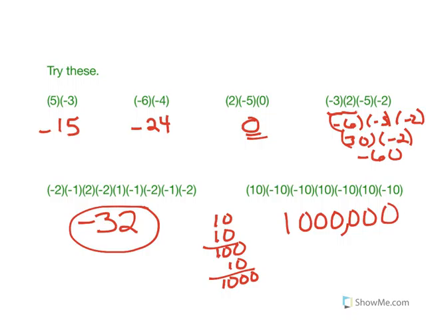I can't count today. Let me put another 0. 1, 2, 3, 4, 5, 6, 7 zeros. And let's see, how many negative numbers do we have? 1, 2, 3, 4. So it's positive. So that would be your answer. 10 million. How'd you do?